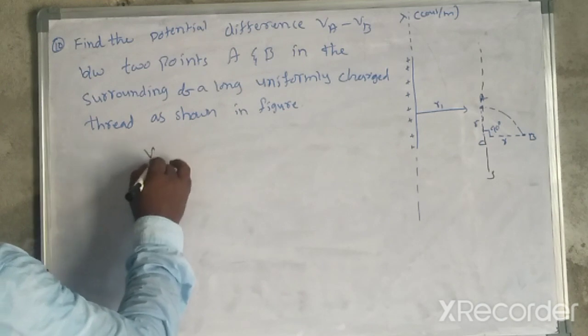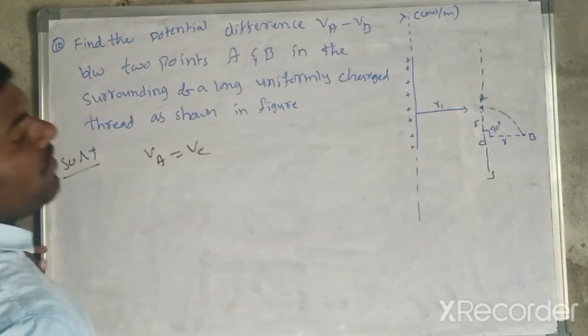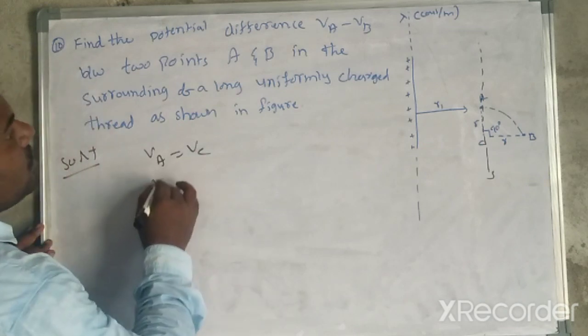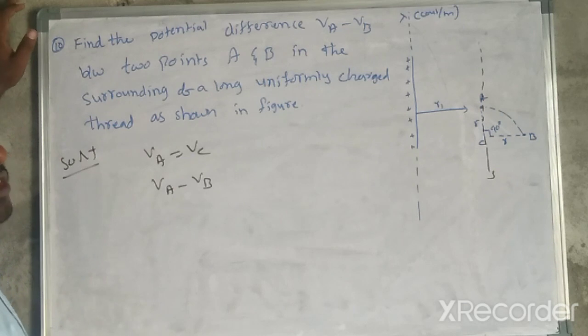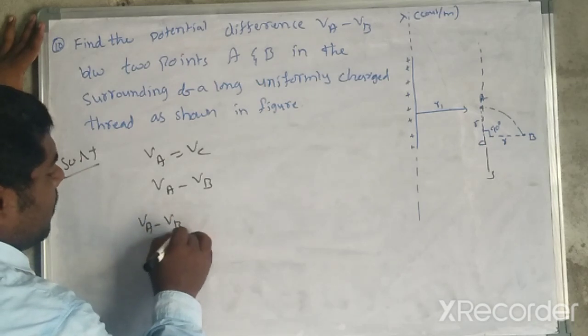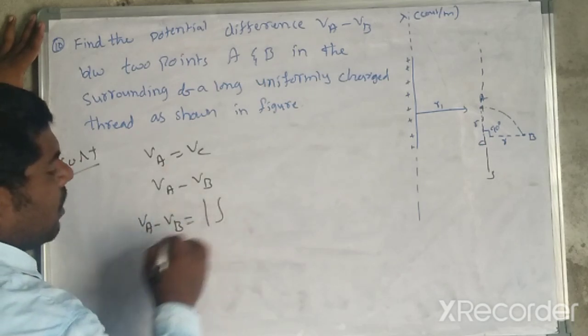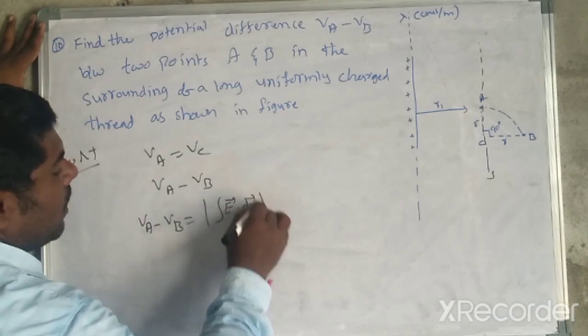It means VA is equal to VC. So what are they asking here? VA minus VB. Already we know the change in potential is equal to the integral of E dot dx. So VA minus VB is equal to the magnitude of the integral of E bar dot dx bar.